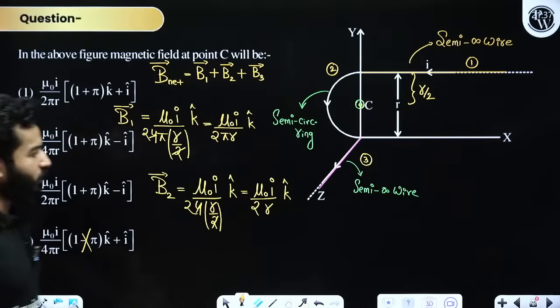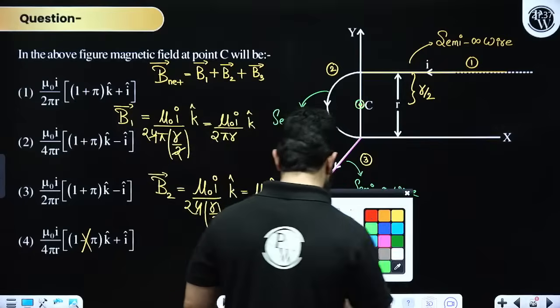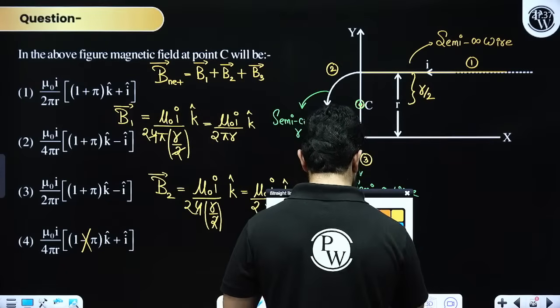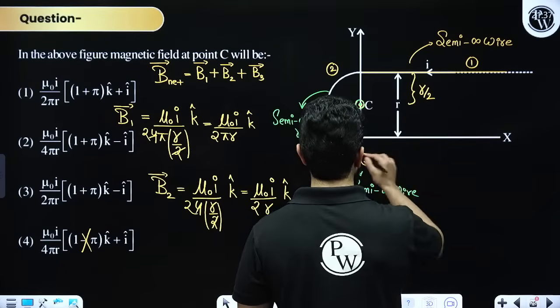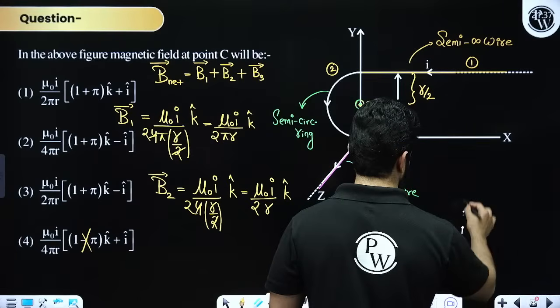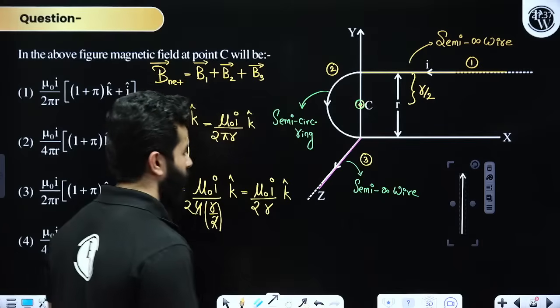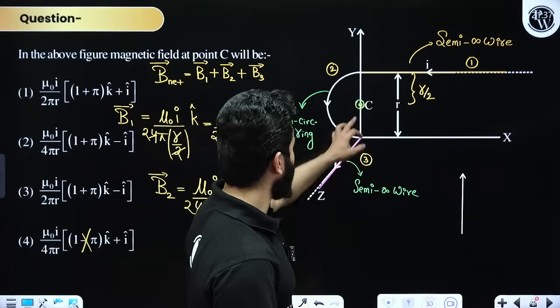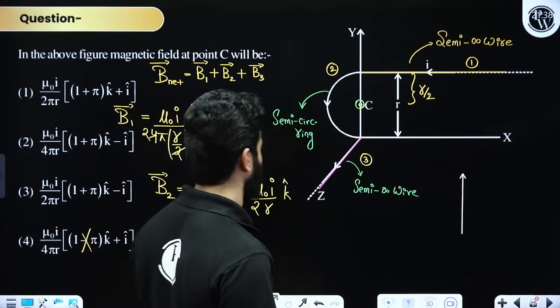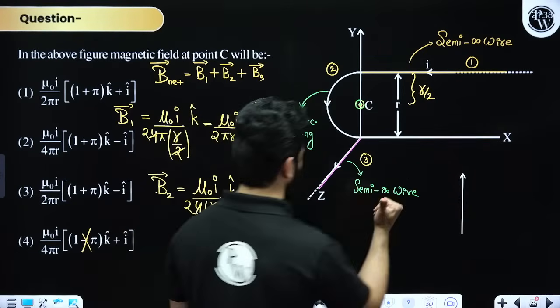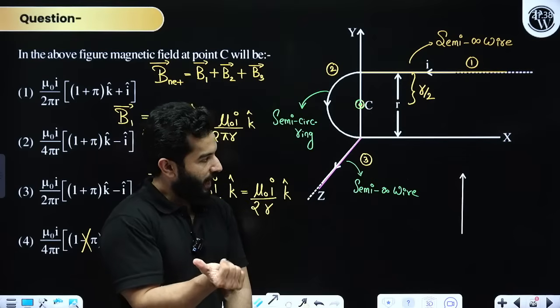Done? So current, you can actually understand like this. Let's suppose current is moving in this direction, and we have to find out the magnetic field at this point. So what we are going to do is put our fingers like this and open it.